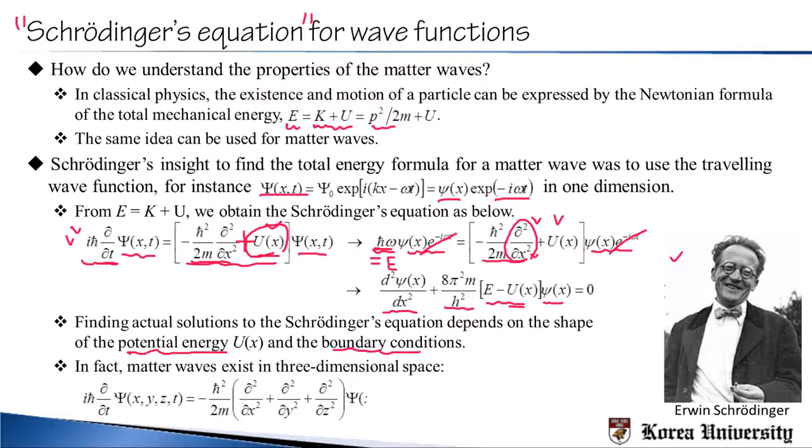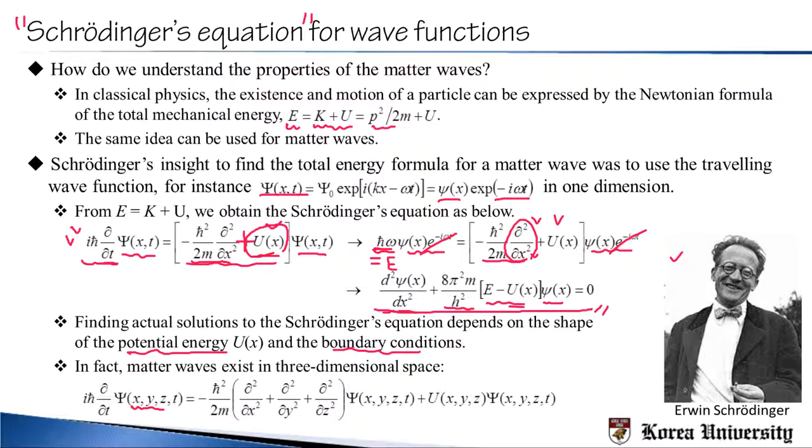In fact, we know that the electrons actually exist in three-dimensional space. So for simplicity, we can write the Schrödinger equation in one dimension this way, but the more correct way is to write it in three dimensions. So the wave function must be a function of x, y, z, and time.